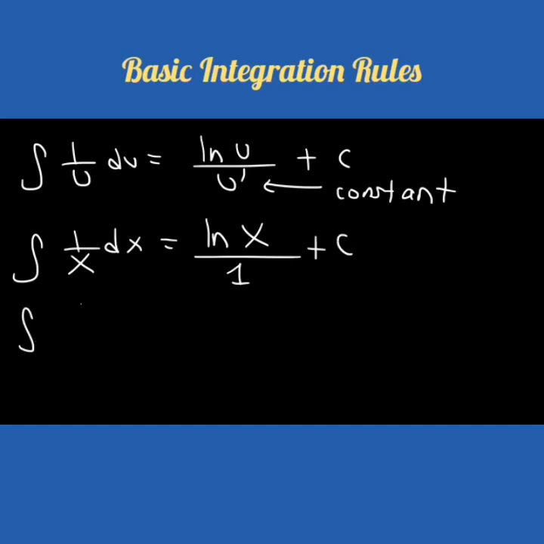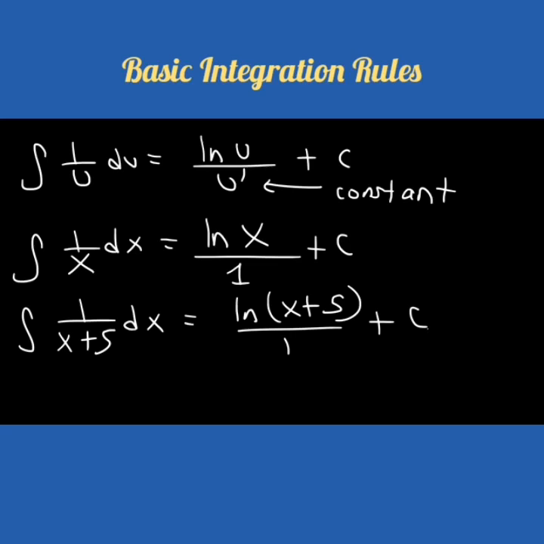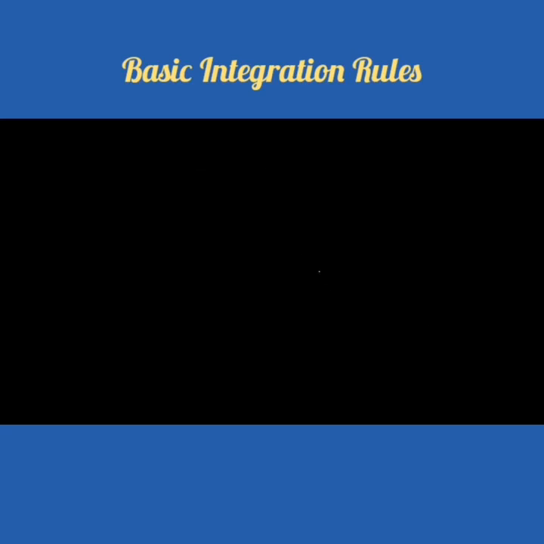Next example is 1 over x plus 5 dx, which is equal to ln of x plus 5 over the derivative of x plus 5, which is 1, then plus c. Next, let's try the integral of 1 over 4x minus 3 dx.